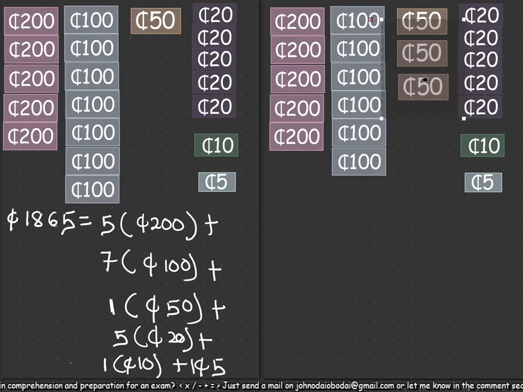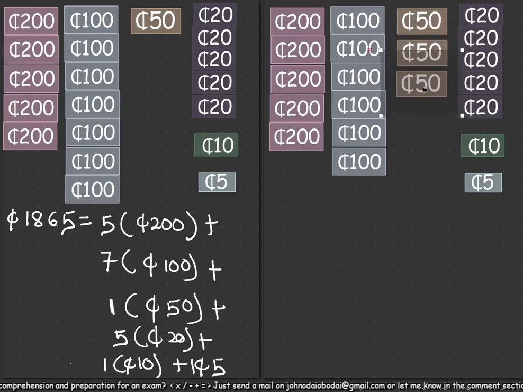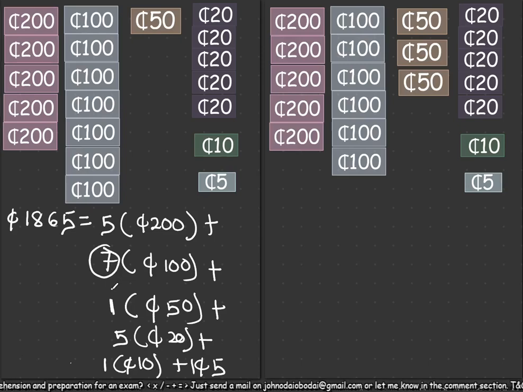You see, so with this now, we have gotten more of the 50 cedis. And it is correct. So this time around, the number of 100 cedis has reduced by 1. So this one would have become 6, whilst 50 has increased by 2. And that is also correct.